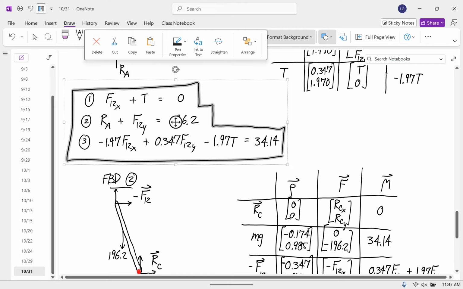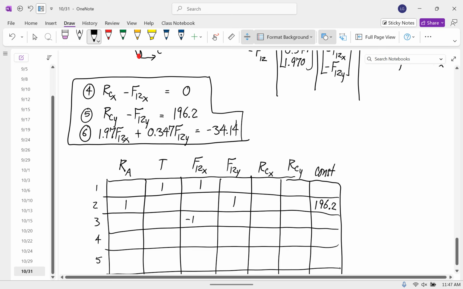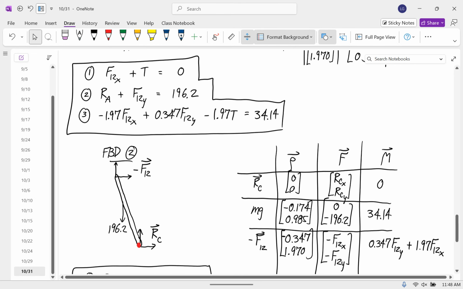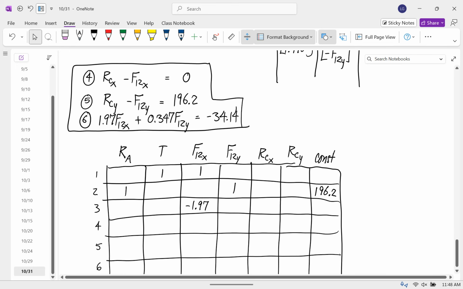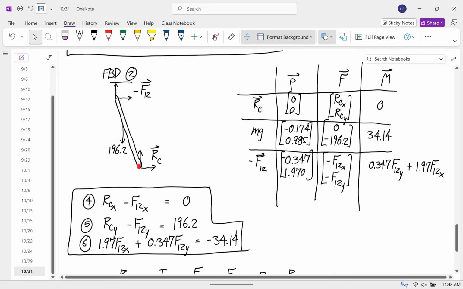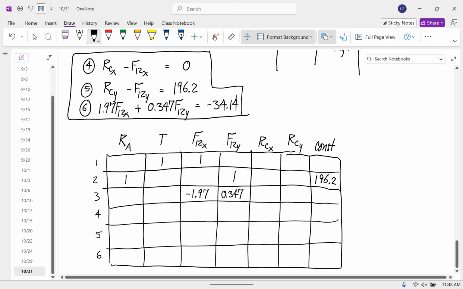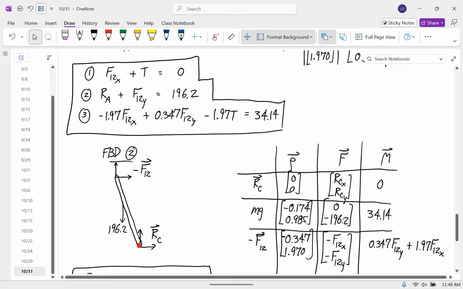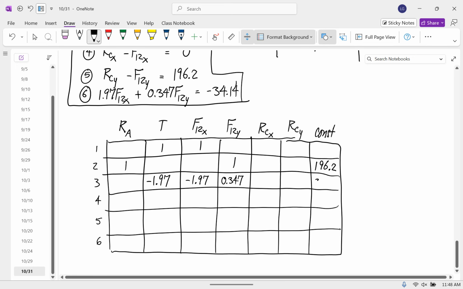Then equation 3, F12X is negative 1.97. F12Y is 0.347. T is negative 1.97. And the constant is 34.14.